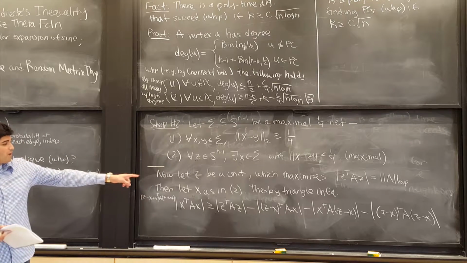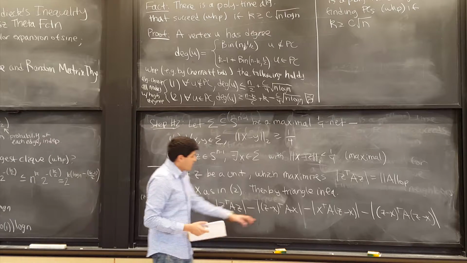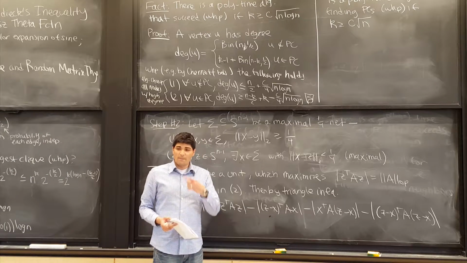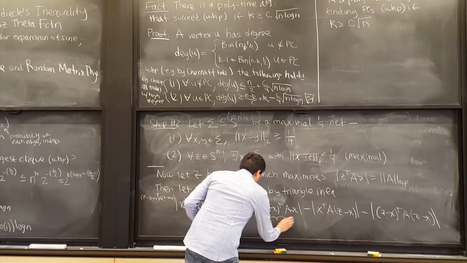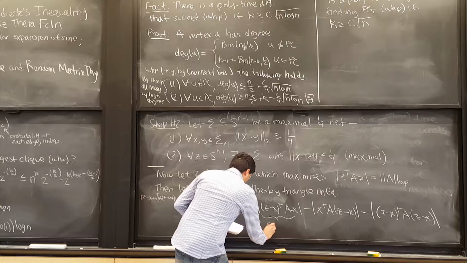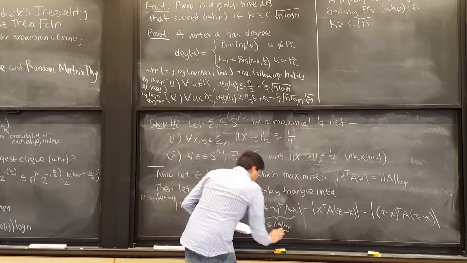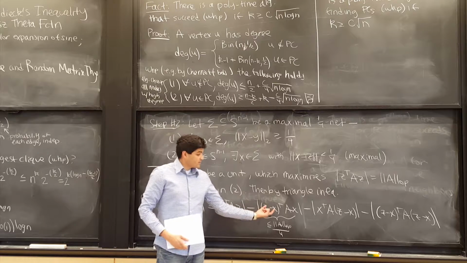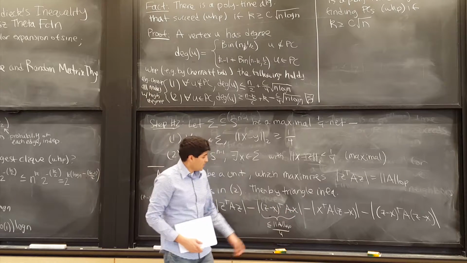So can anyone tell me how to bound the remaining 3 terms on the right-hand side? What should I use as my bound for this guy right here? Yep, 1/4 of the norm of A. Yes, exactly. Worst case scenario, this thing is as large as the operator norm of A divided by 4. Why? Because this is a vector whose Euclidean norm is at most a quarter, and this is a unit vector.